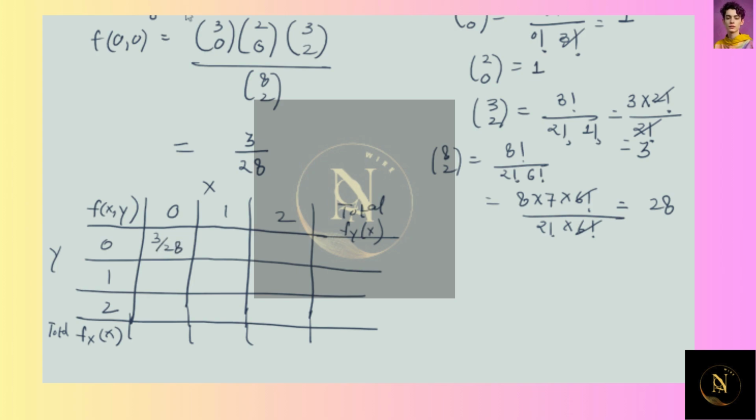Similarly, when y is equal to 1 and x is equal to 0, when you calculate, this would come out to be 6 by 28.